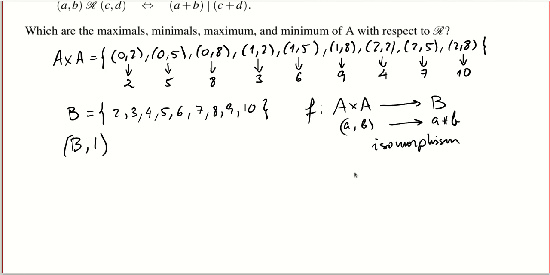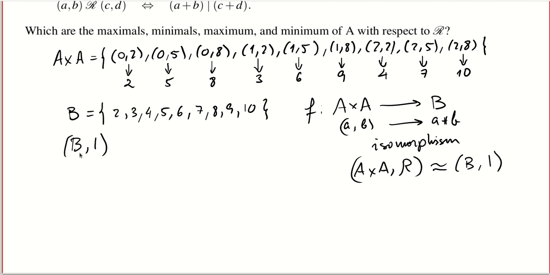We say that the set A times A with the relation R that we have defined is isomorphic to the set B with the relation division. And as we have explained for isomorphisms, what this means is that everything that happens here can be translated into something that happens here and the other way around. So that's why we're going to study this simpler set.